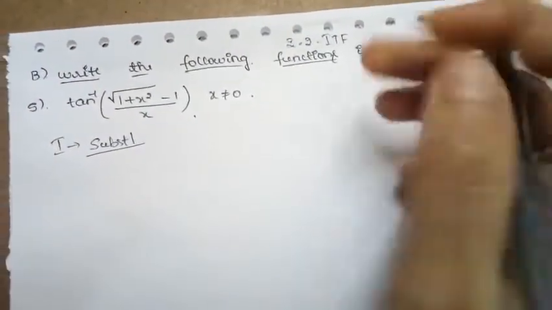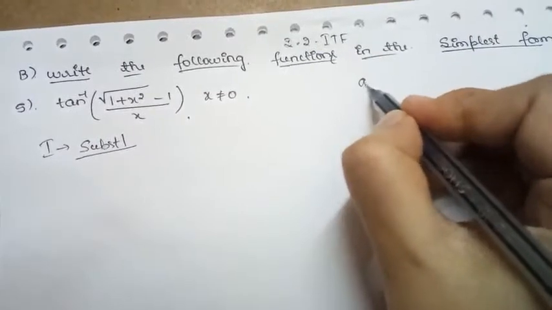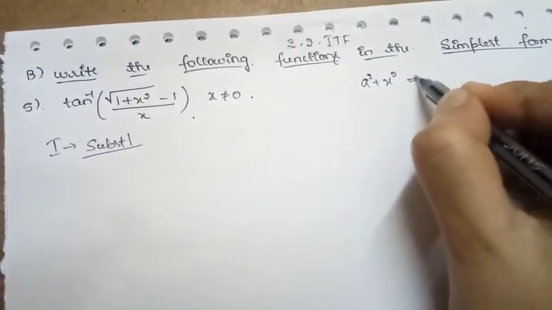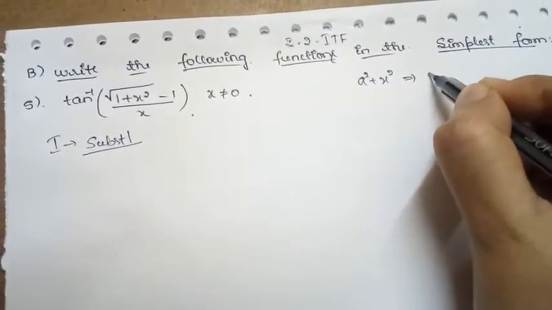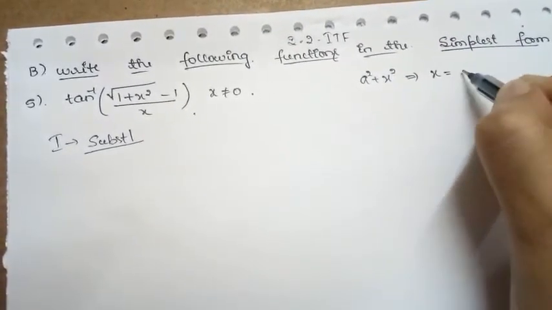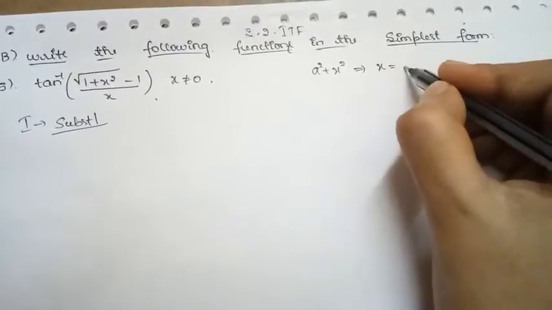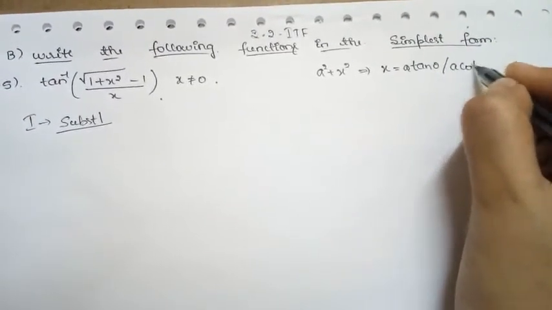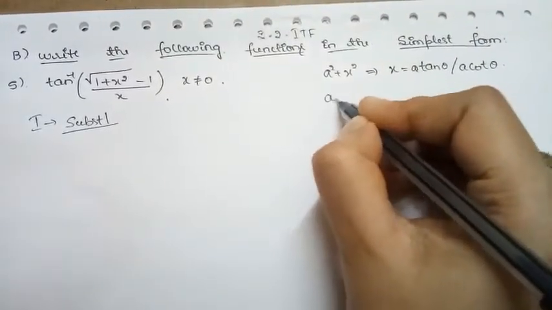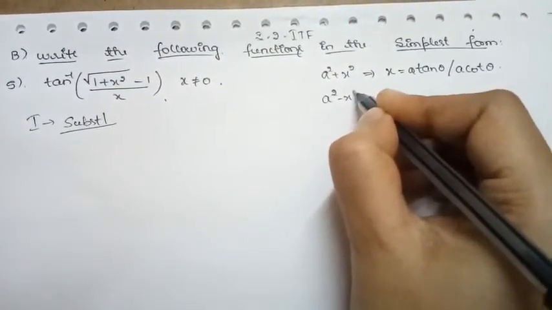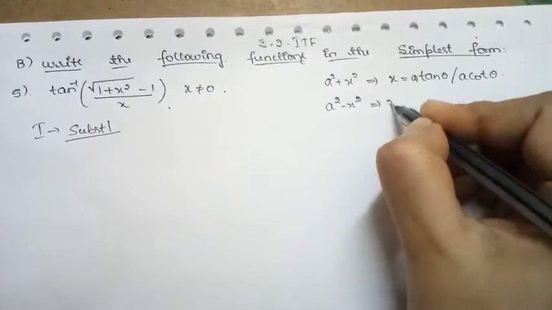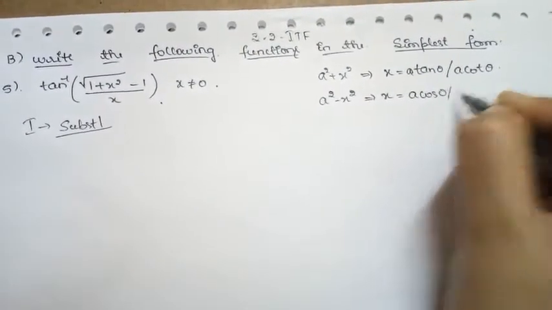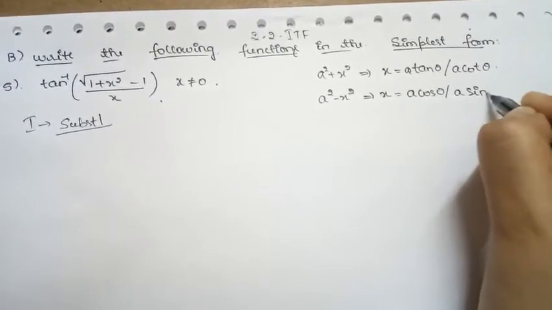Suppose the question is in the form of a square plus x square, then we substitute x equal to either a tan theta or a cot theta. If it is in the form of a square minus x square, then we replace x by either a cos theta or a sin theta.